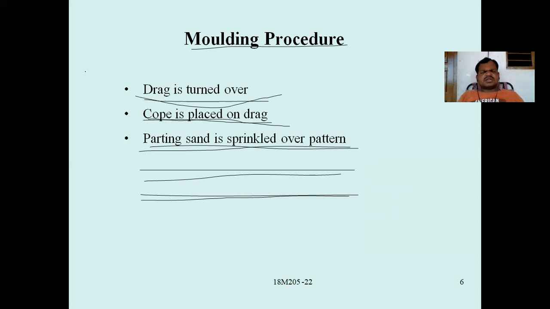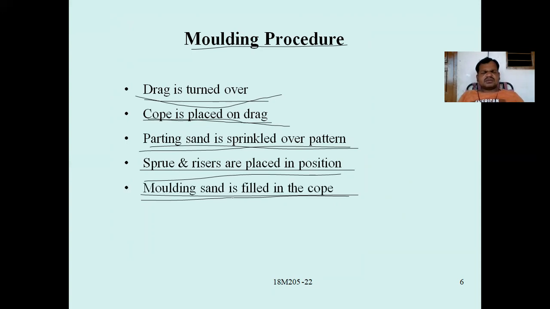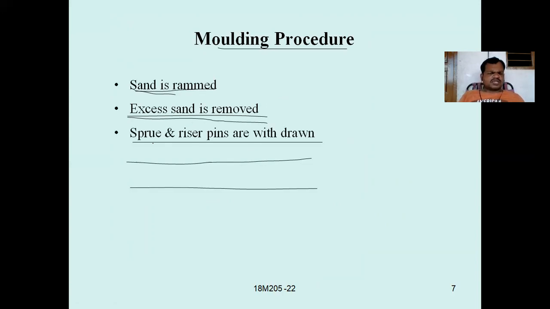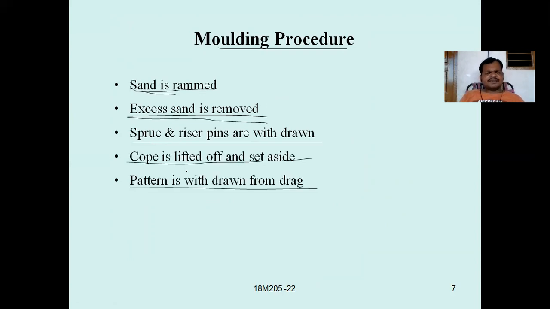So, the molding procedure: the drag is turned over and the cope is placed on the drag, and parting sand is sprinkled over the pattern. Next, a sprue and riser are placed in position, as we already told previously, and molding sand is filled in the cope. Next, the sand is rammed, excess sand is removed, the sprue and riser pins are drawn, and the cope is lifted off and set aside.